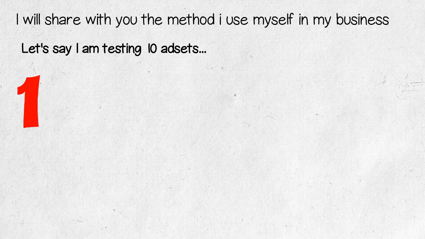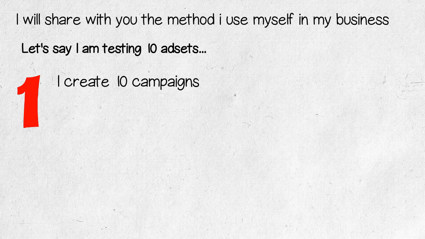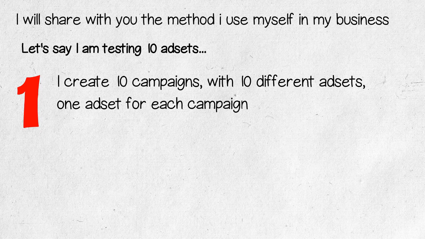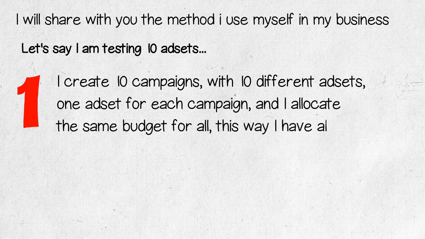So after understanding the CBO and the difference with the classic method, I will share with you the method I use myself in my business. So let's say I am testing 10 ad sets. I create 10 campaigns with 10 different ad sets, 1 ad set for each campaign, and I allocate the same budget for all of them. This way, I have all the control.